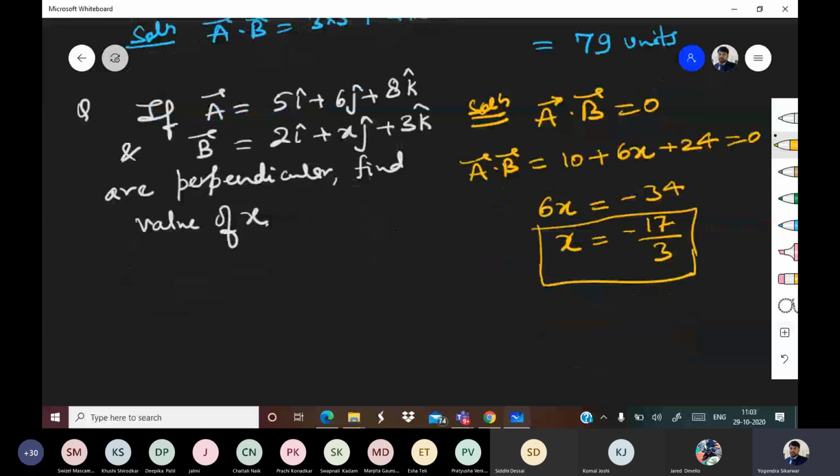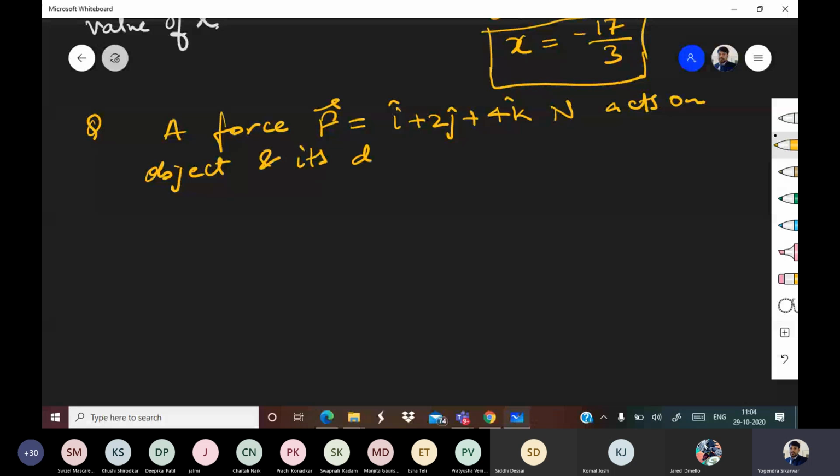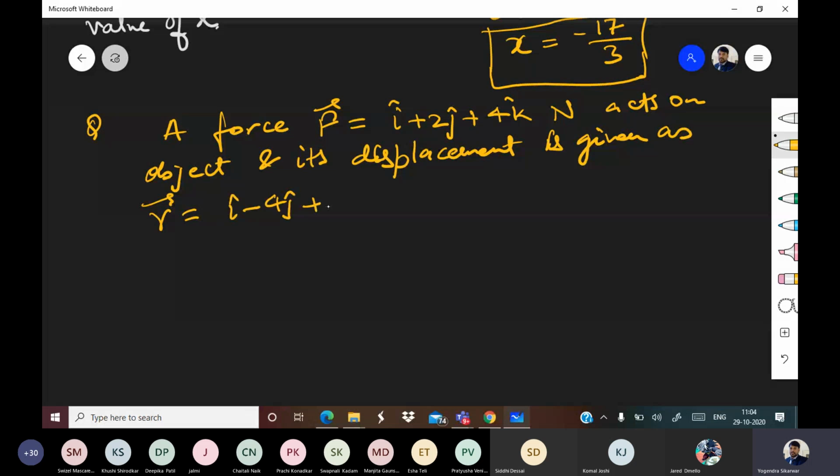Question. A force F vector is equal to i cap plus 2j cap plus 4k cap Newton acts on an object, and its displacement is given as r vector is equal to i minus 4j plus 2k.